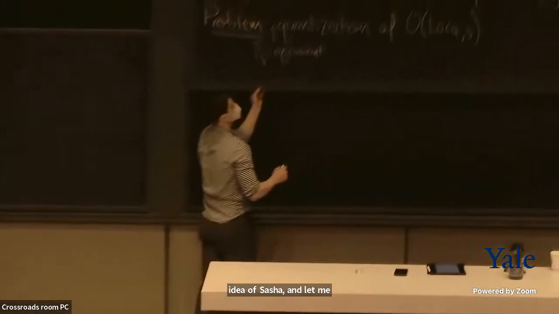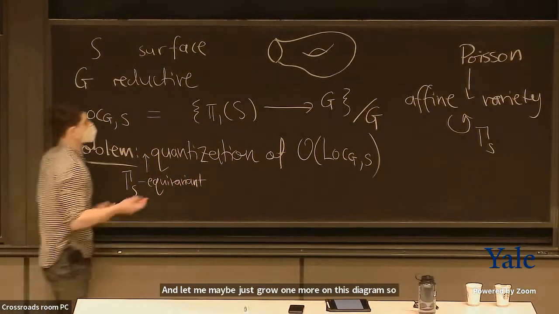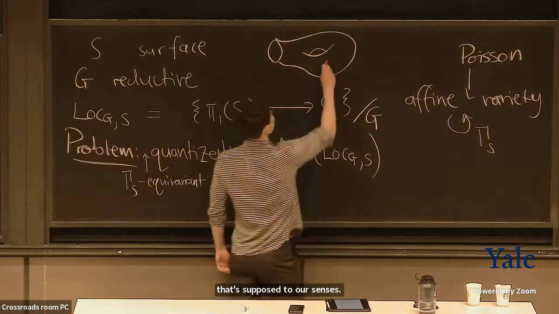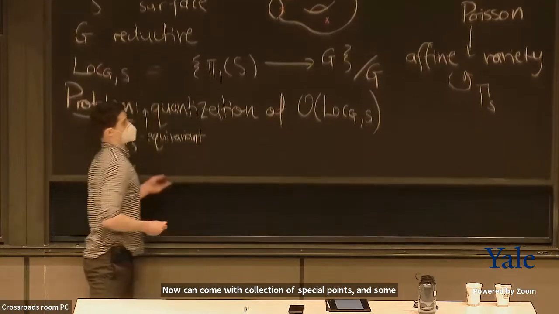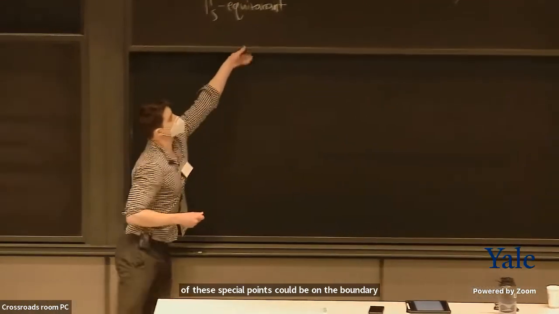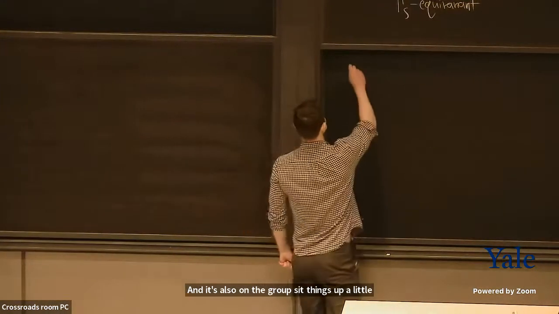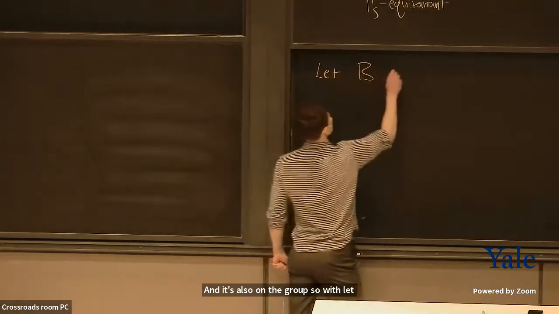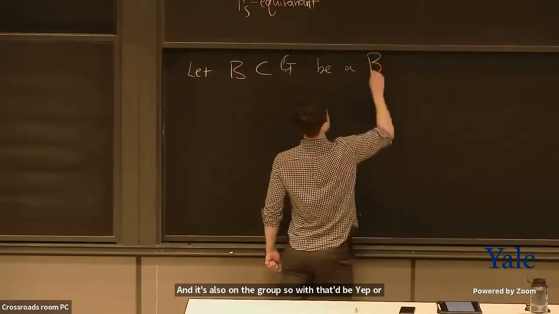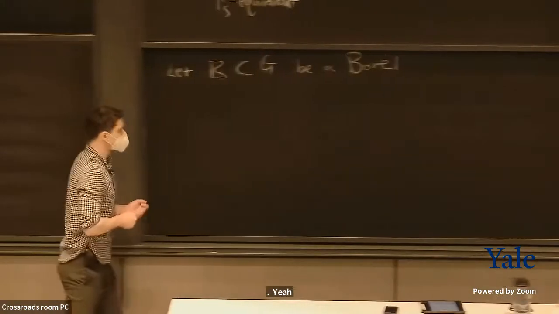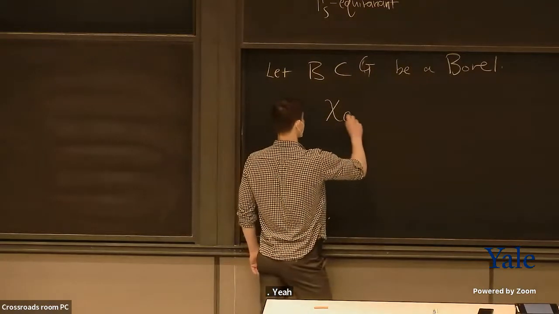So let me maybe just draw one more thing on this diagram. Let's suppose that our surfaces now can come with a collection of special points. And some of these special points could be on the boundary of the surface. And on the group theory side, we'll also split things up a little bit. So let B be a Borel subgroup inside of our reductive group G. Then we can consider another moduli space.